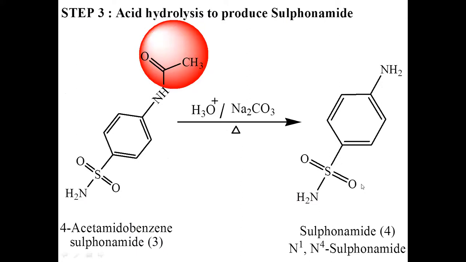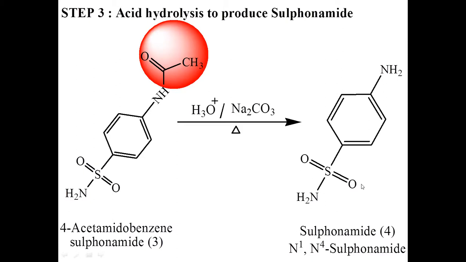Now the third step of synthesis of sulfonamide is acid hydrolysis of 4-acetamido-benzene sulfonamide to produce sulfonamide. The red highlighted product represents the removal of the acetyl group by acid hydrolysis.